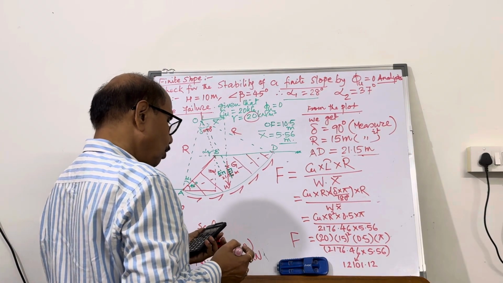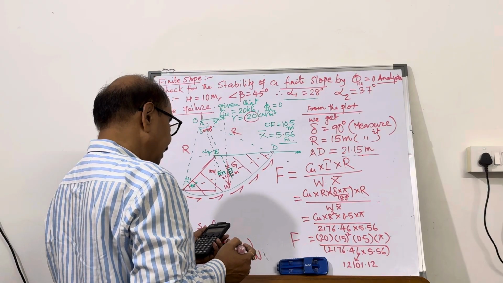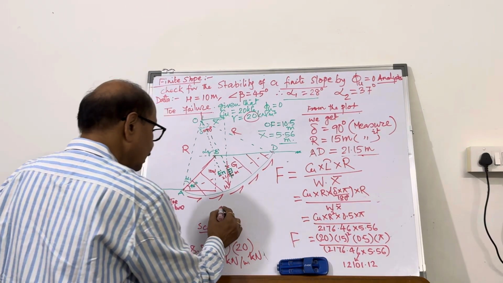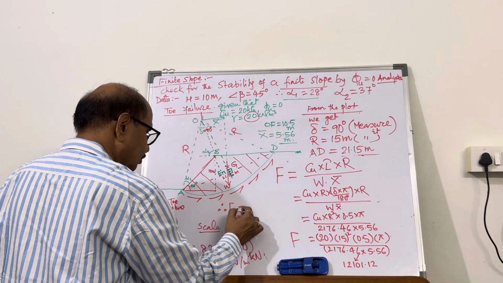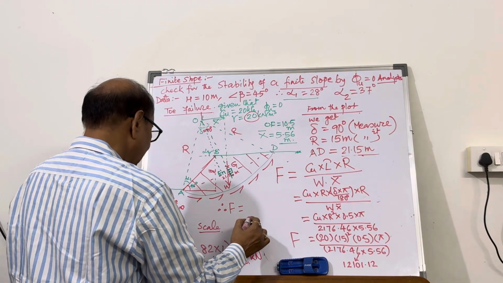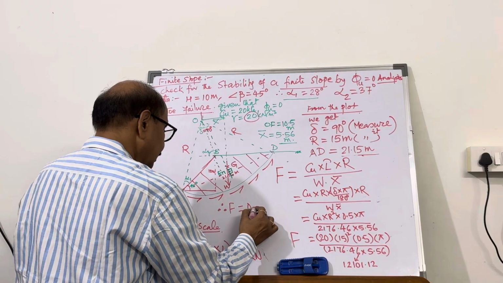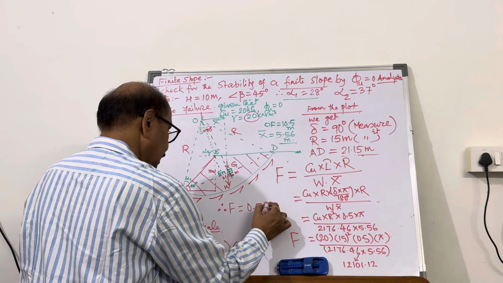Therefore, the final calculation of factor of safety is coming out to be 0.584.